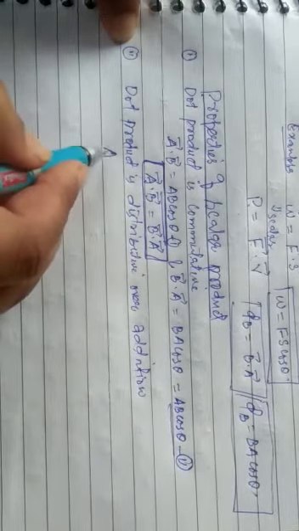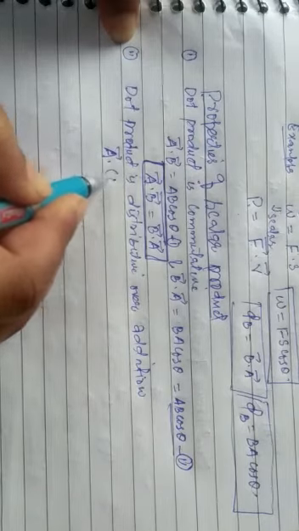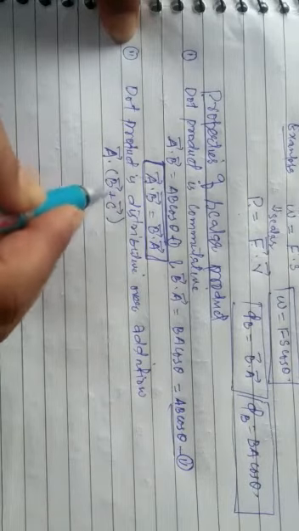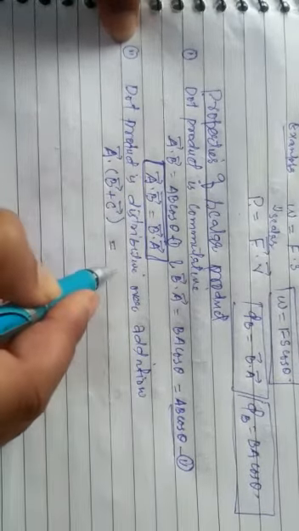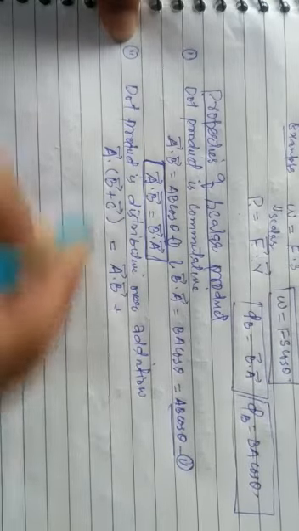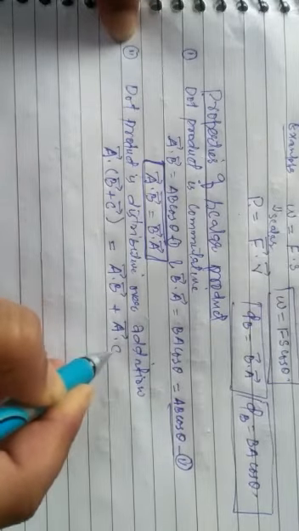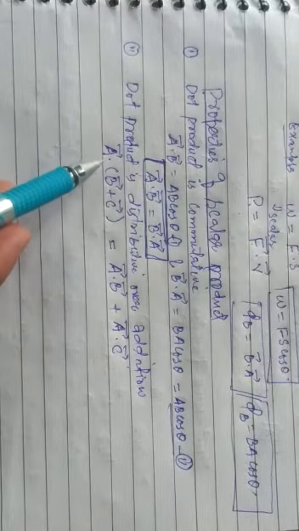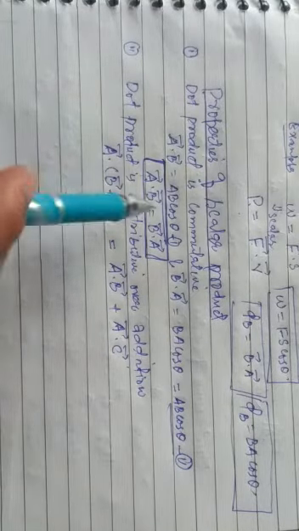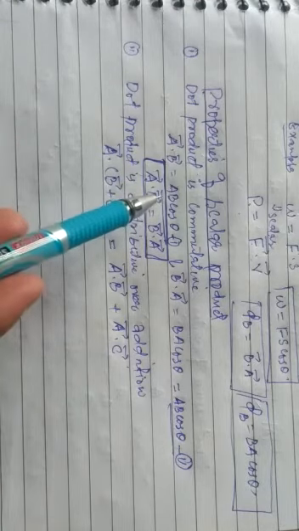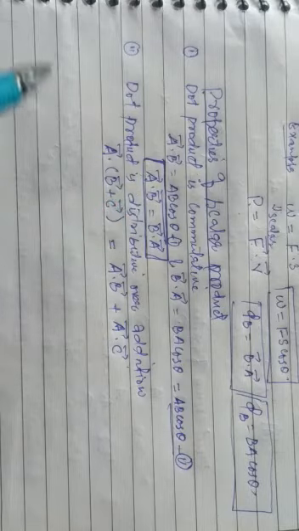If we have A dot of B plus C, the A vector dot of B vector plus C vector, we can write it like this: A dot B plus A dot C. So simply, A dot is distributed to B as well as C. And as in the first property, A dot B is equal to B dot A, it is a scalar quantity, so we are not in need of any direction.